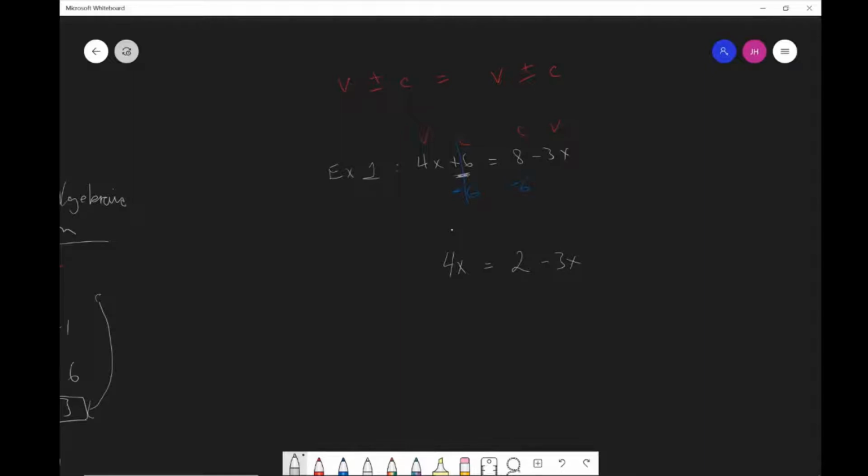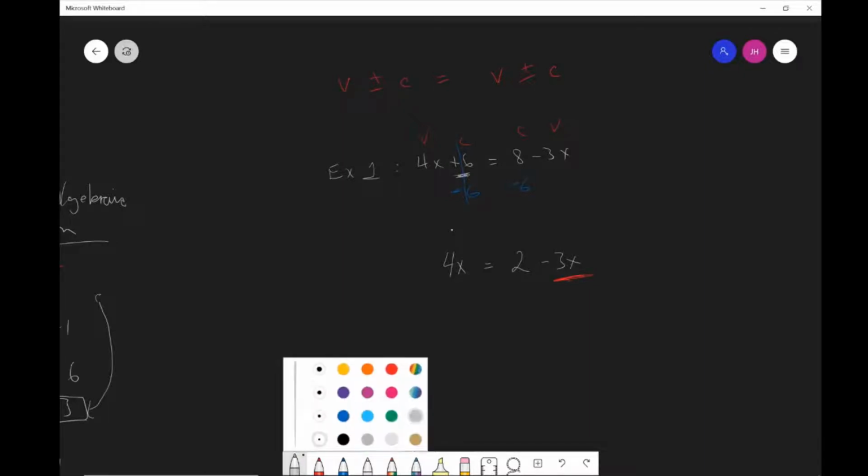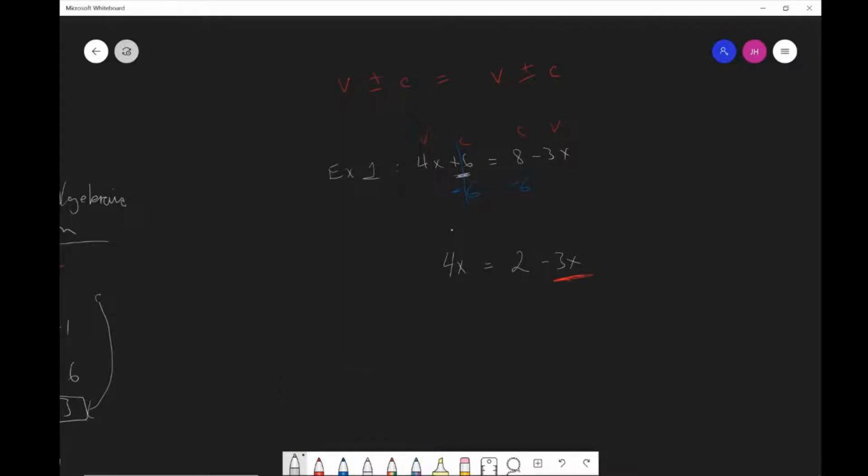And what's next then? Well, I see another subtraction right here. If I see addition subtractions at this point, that means I should take care of it. How can I get rid of the minus 3x? Well, you can plus 3x on both sides, of course. Whatever you do on one side, you also have to do on the other side.